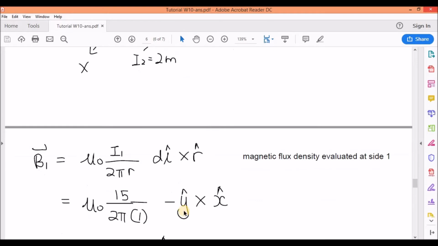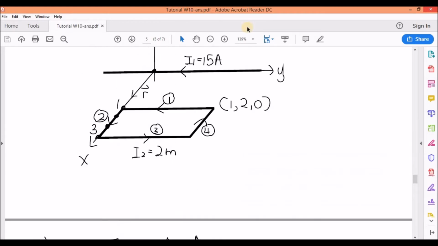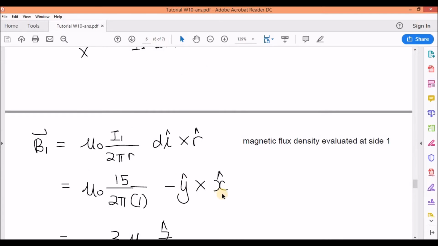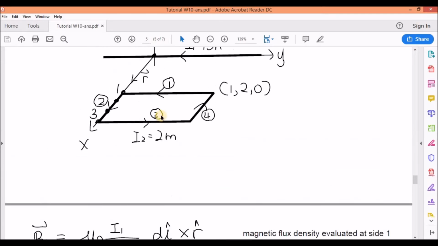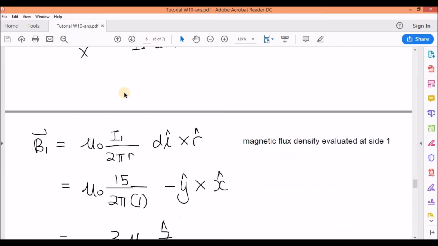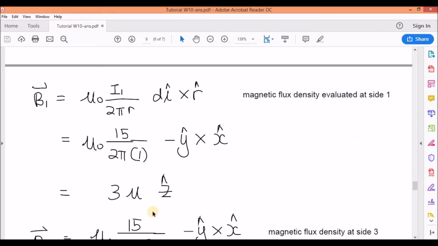Look at my current I1, it is in the negative y direction. And what will be my R? My R is pointing from the source to the observation point, in the positive x direction. So at side 1, I will experience a magnetic flux density of 3 microweber per meter squared in the z direction.